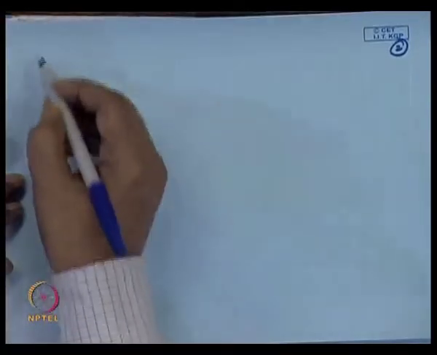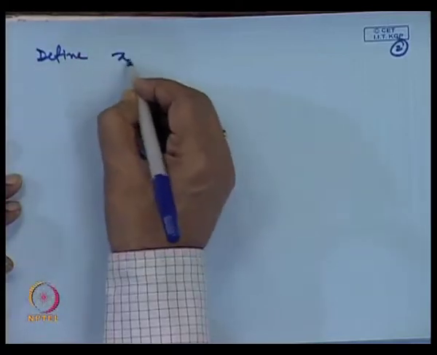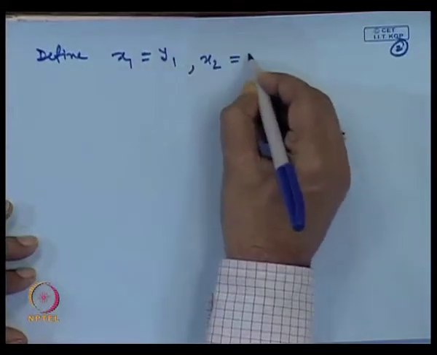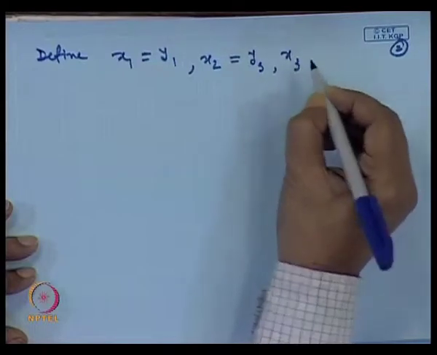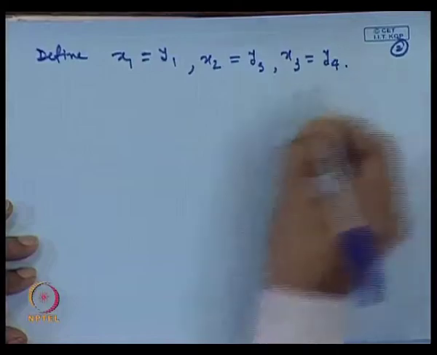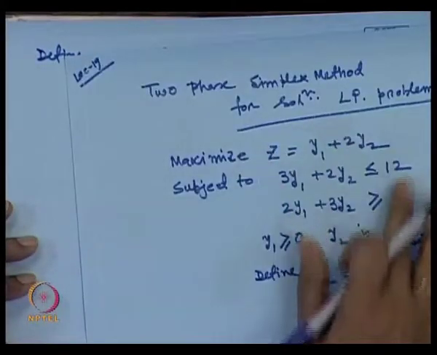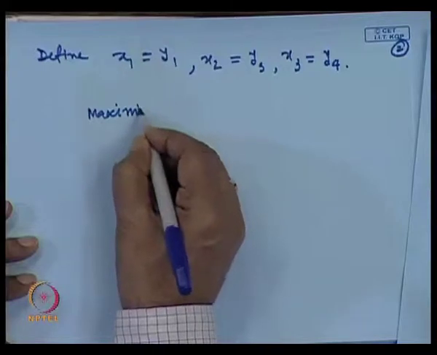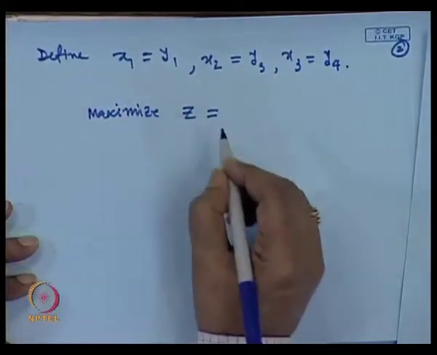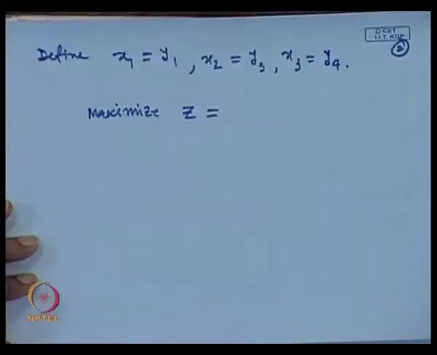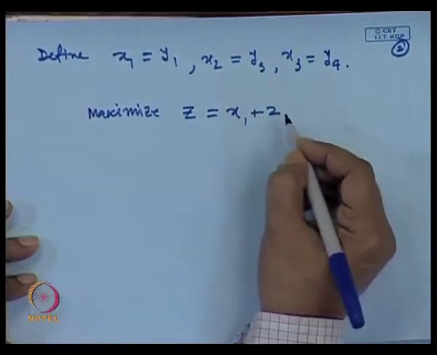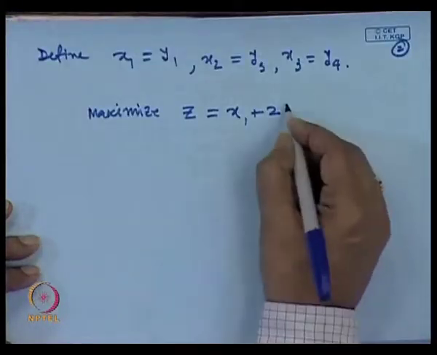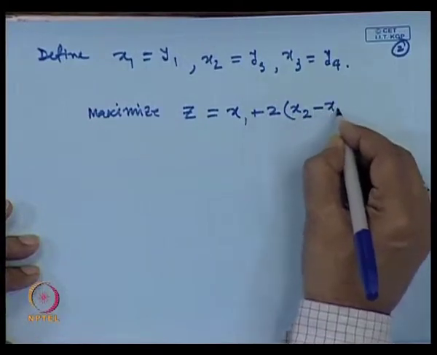If we define y 1 as x 1, y 3 as x 2, and y 4 as x 3, our original problem can be rewritten as: maximize z equal to y 1 plus 2 y 2, where y 1 is x 1 plus twice y 2, and y 2 is y 3 minus y 4, that is x 2 minus x 3.